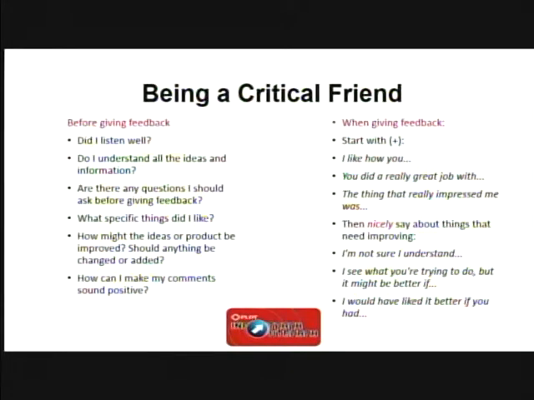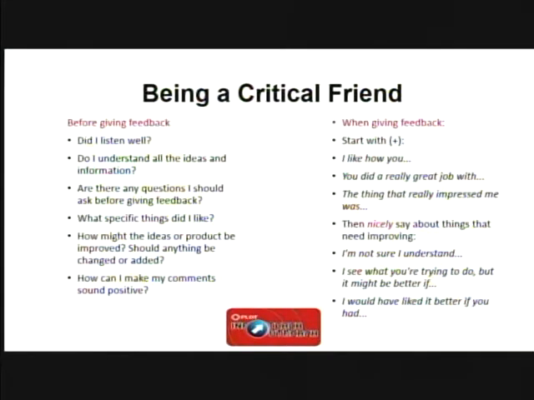Okay? And then, do I understand all the ideas and information? Intindihan ko ba? Baka naman bigla na lang kang umeksena, pero hindi mo pala naiintindihan. Okay? Then, are there any questions I should ask before giving feedback? And then, what specific things did I like?